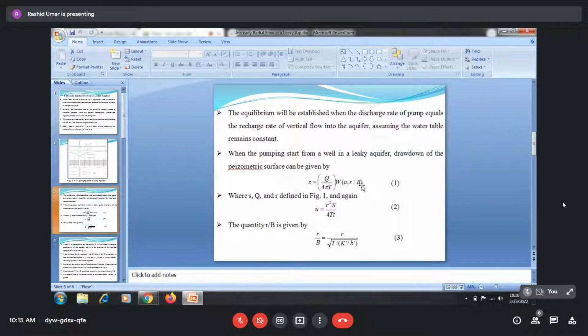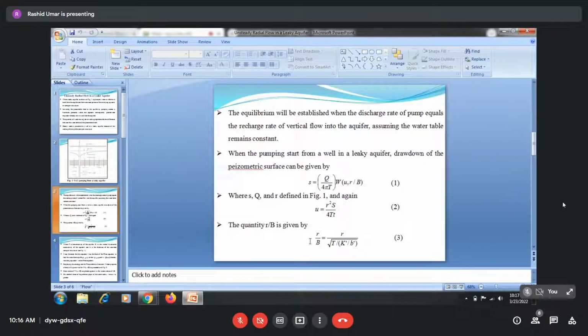It is not constant. It depends on the geological characteristics of the formation. So this leakage factor is different for different leaky aquifers. And of course, this r is already defined. And then u is equal to r squared S upon 4Tt, the same as in the case of a confined aquifer.